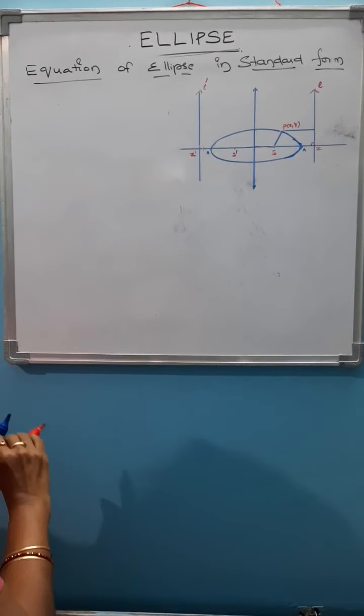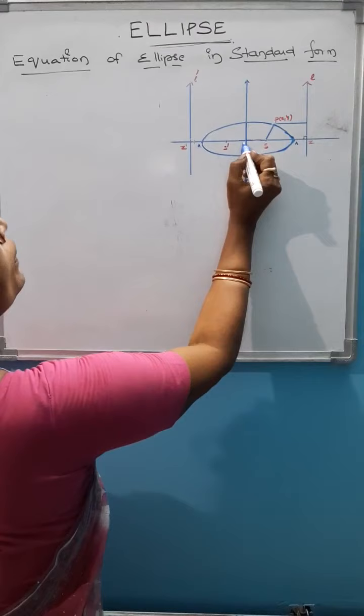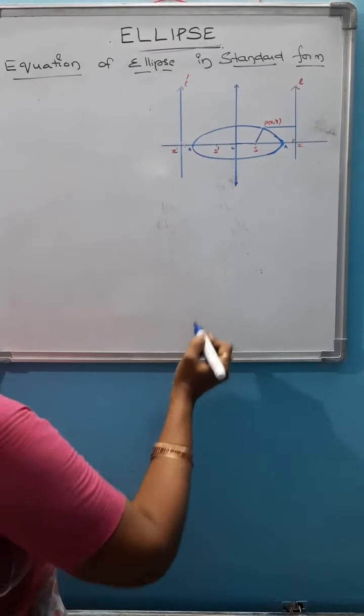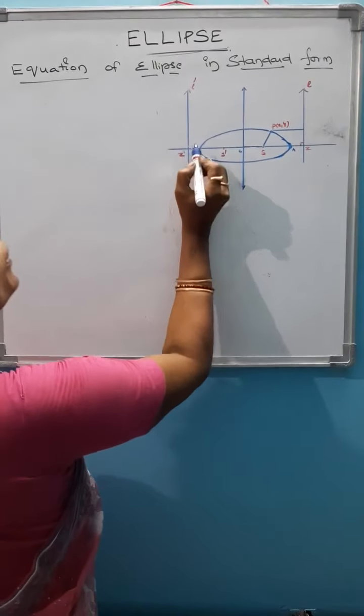Now, let C be the midpoint of A and A dash.